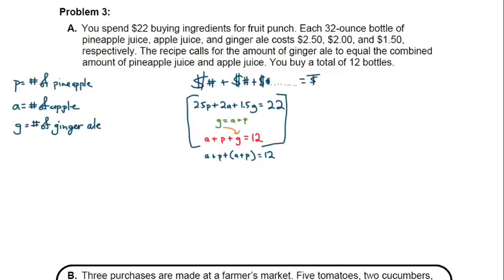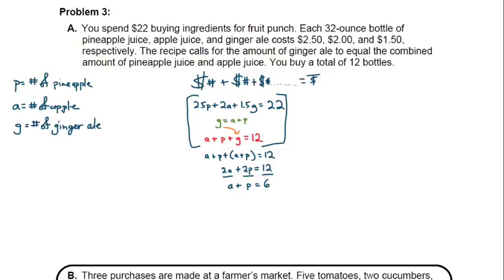Now, in this case, I don't really need the parentheses because there's nothing out here to distribute. There's no negative, there's no number. So I can just start adding. I've got 2A plus 2P equals 12. And if you're paying attention, you may realize these are all divisible by 2. So I can make life easy. A plus P equals 6. Now I have an equation without a G in it. Yay!